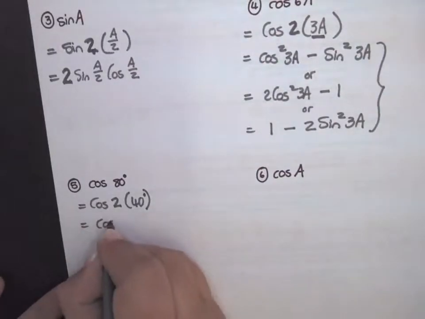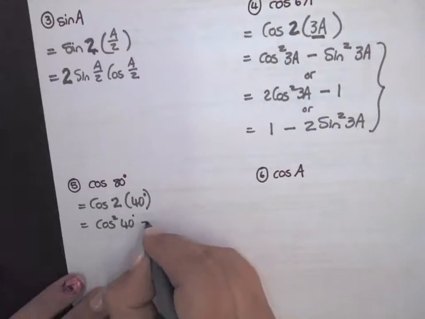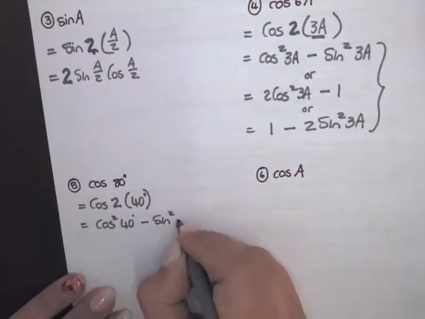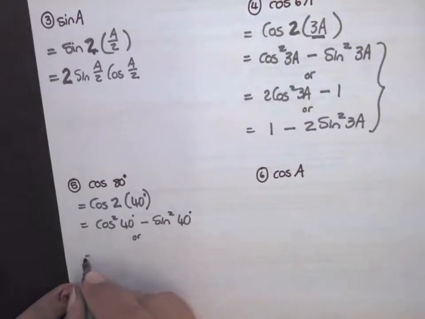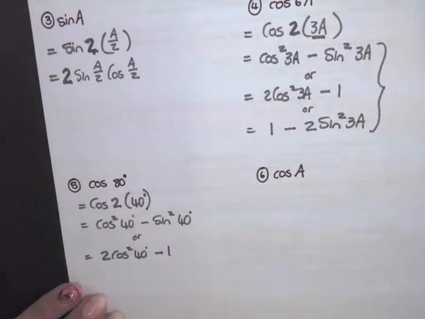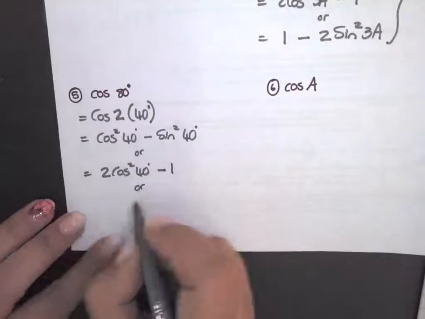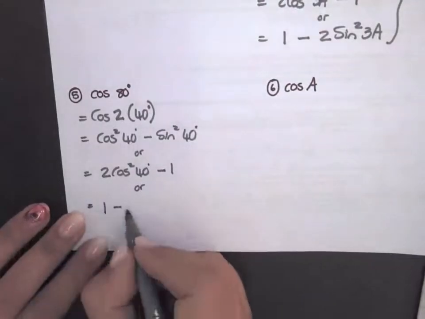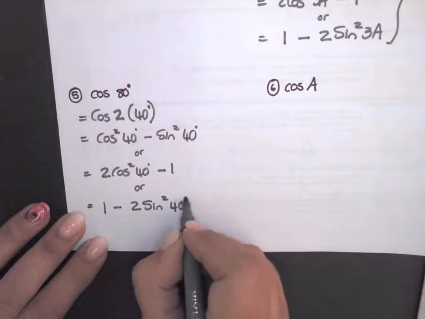It can be cos squared 40 degrees minus sine squared 40 degrees, or 2 cos squared 40 degrees minus 1, or 1 minus 2 sine squared 40 degrees.